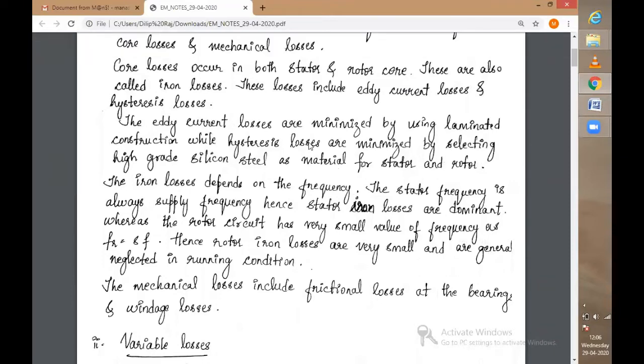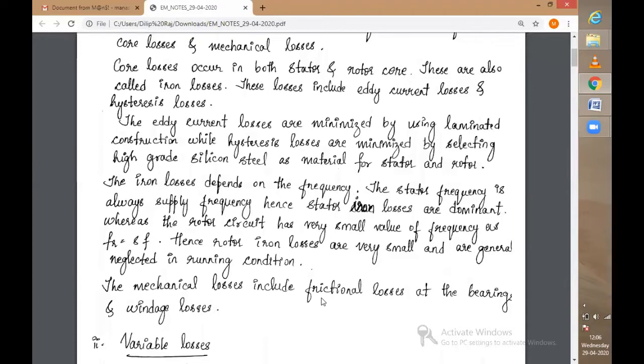The second type of constant loss is mechanical losses. The mechanical losses include frictional losses and windage losses. Both these core losses and mechanical losses put together are called constant loss. Why? Because the core losses or iron losses depend only on voltage and frequency.